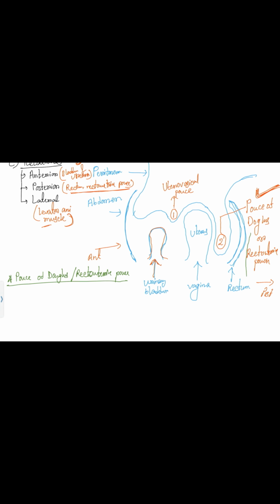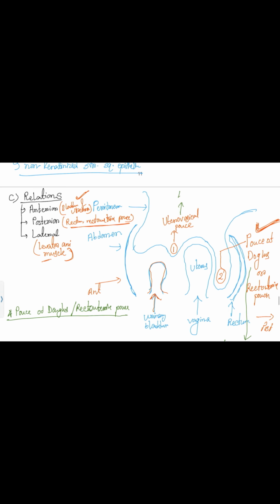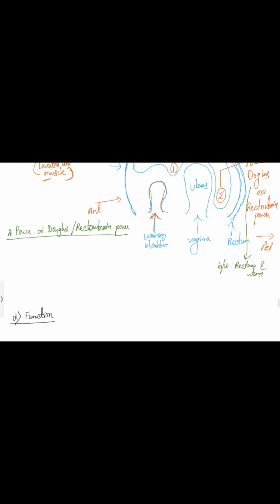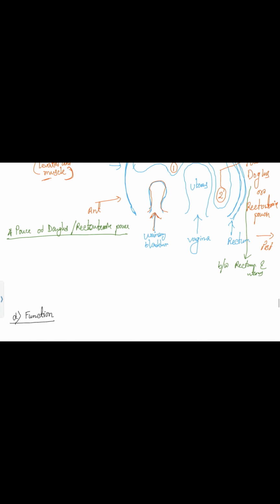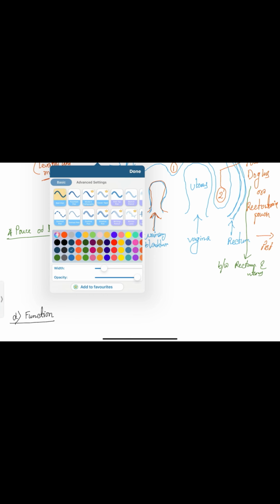The rectouterine pouch is between the rectum and uterus. The uterovesical pouch is between the uterus and the bladder. Okay. Now, what is the meaning of this pouch of Douglas? What is the significance of this pouch of Douglas or rectouterine pouch?